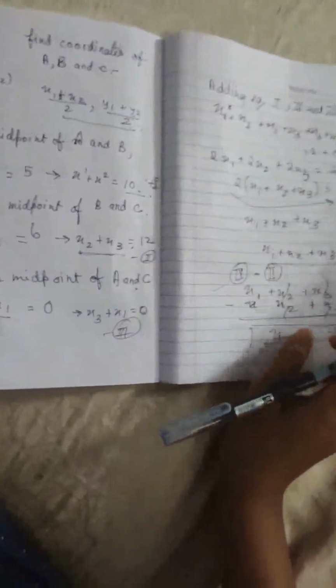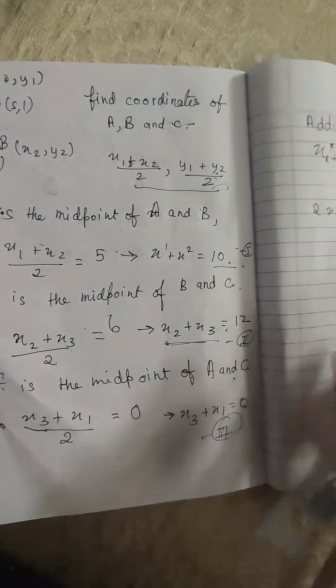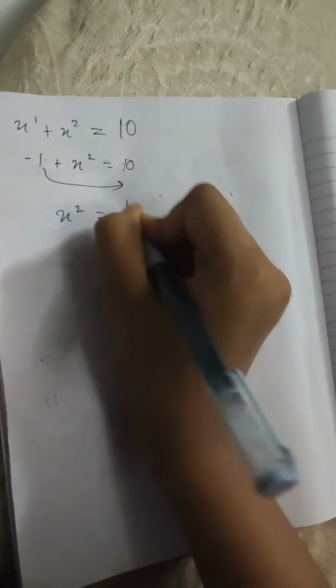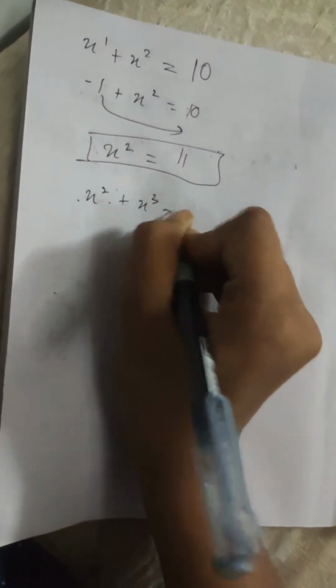Now for x2 what we'll do, we will take this formula. x1 plus x2 was equal to 10, right? So x1 came minus 1. So we will input the value, x2 is equal to 10 plus 1, which is 11. x2 is equal to 11. Now when we talk about x3, x2 plus x3 is equal to 12.